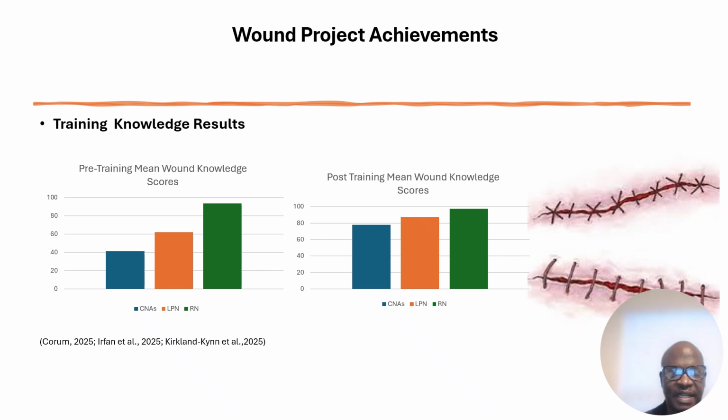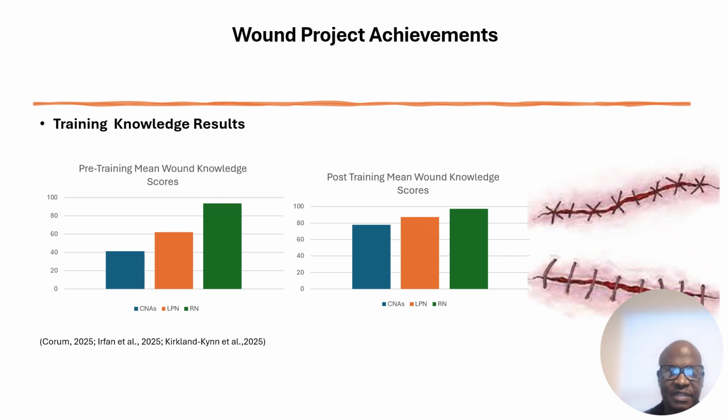We organized a training session where all the nursing staff were given information on wounds, wound documentation, wound assessment, and wound measurement. After this training, they were also given a post-training assessment.